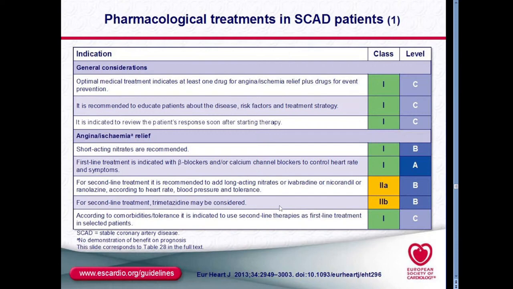By the way, it's very popular in our country, but the class of recommendation is 2B, with level of evidence B. And according to comorbidities and tolerance, it is indicated to use second-line therapies as first-line treatment in selected patients as well.